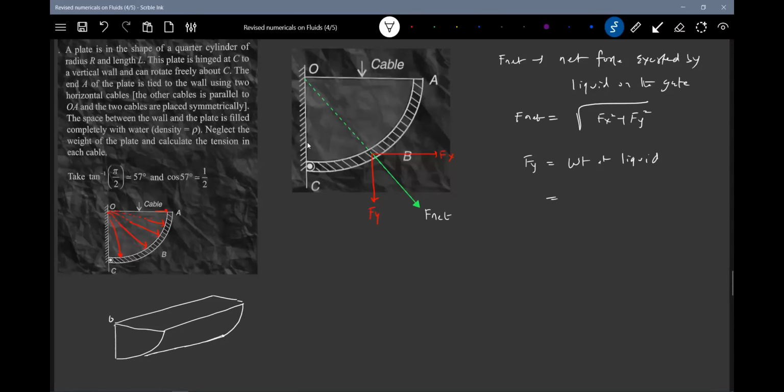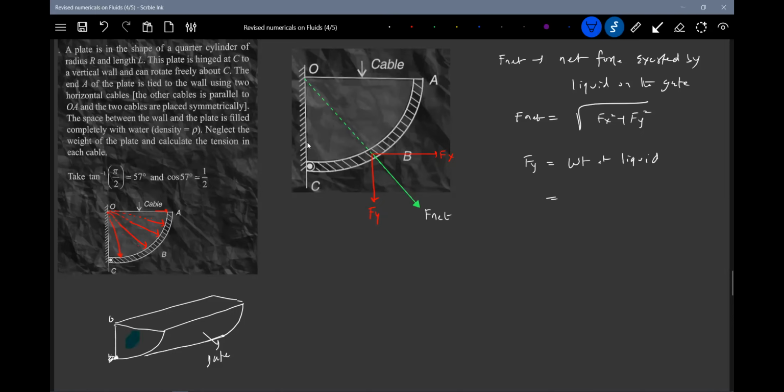Okay, there's a point, only the cross section, and it is hinged here. There's a plane diagram. This will be the 3D diagram. This will be your gate. Inside everywhere, liquid will be present.